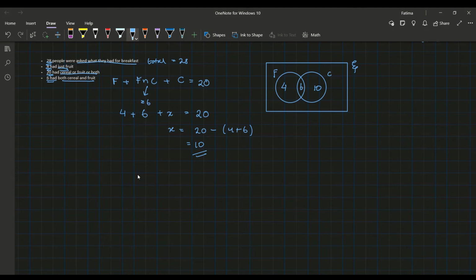Now that we know that all of this is 20, there have to be 8 people that had neither of them, because in total 28 were asked, and only 20 of them had either fruits or cereal or fruits and cereal. So 28 minus 20 would give us the number of people that had neither of them. So that would be 8, and that would be written in the outside space.